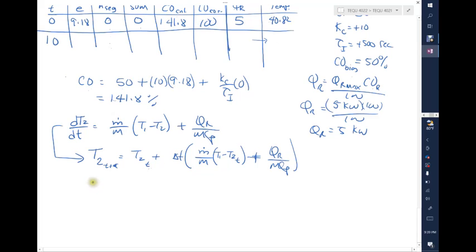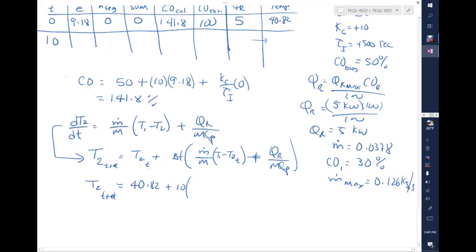So that means that our new T2 at t plus delta t, or T2 at 10 seconds, whatever you want, you want to write it like that, is equal to the original, that's 40.82 plus 10 times m dot 1. But m dot 1, you remember, that's another parameter I'm going to write here, was 0.0378, based on the fact that CO1 was adjusted to 30% and that the m dot maximum was 0.126 kilograms per second. So that's where you get this m dot 1.